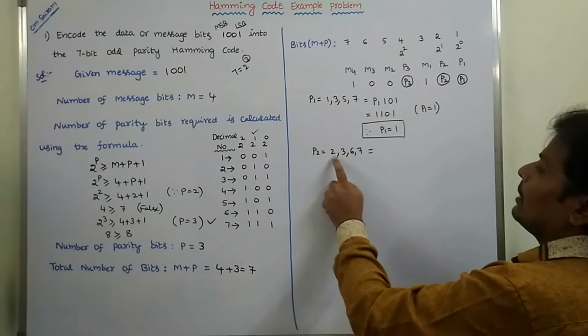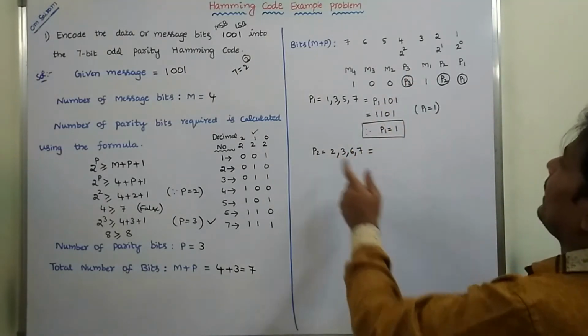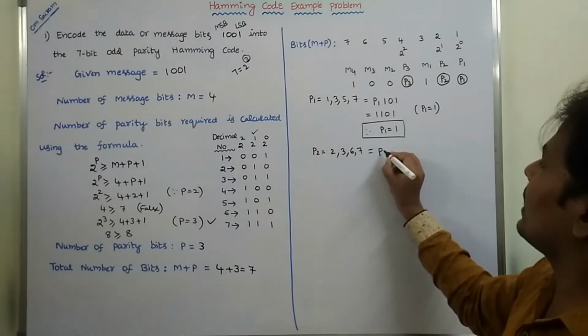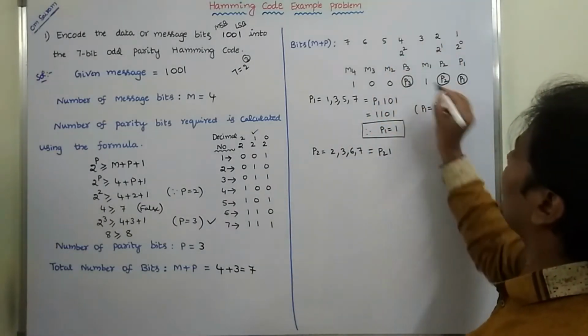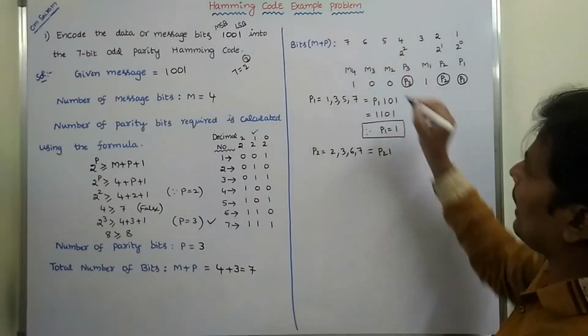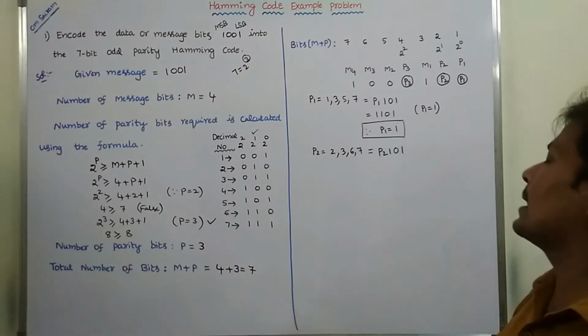What are the values at these positions? In the second position, P2 is there. In the third position, value 1 is there. In the sixth position, value 0 is there. In the seventh position, value 1 is there.